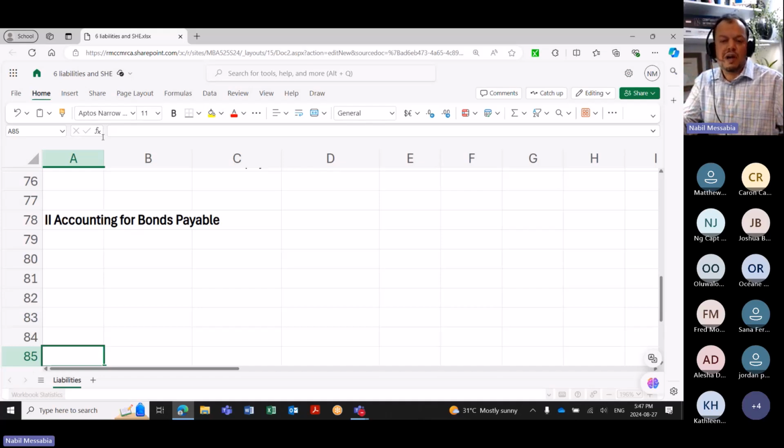Or there is no bank available or willing to provide you with a bank loan. One of the options, if you are a publicly traded company, where your shares are traded in the public market, is that you can issue bonds.